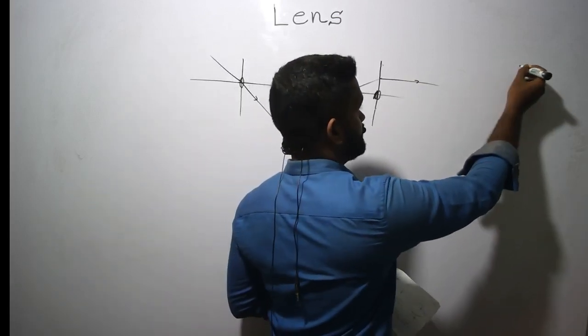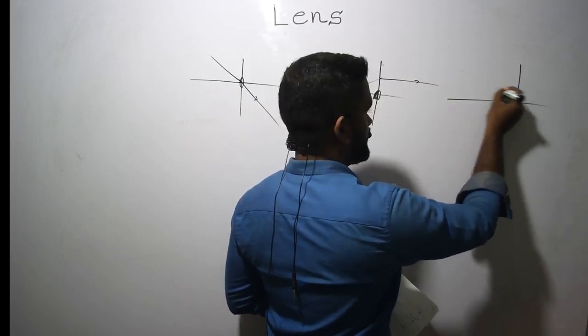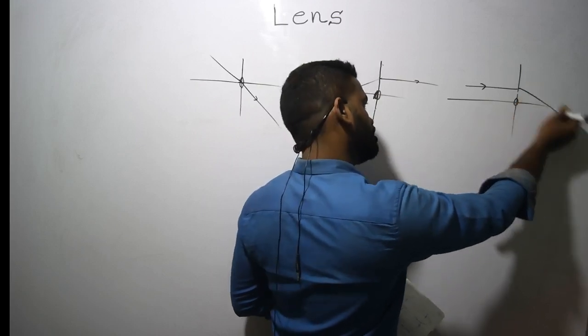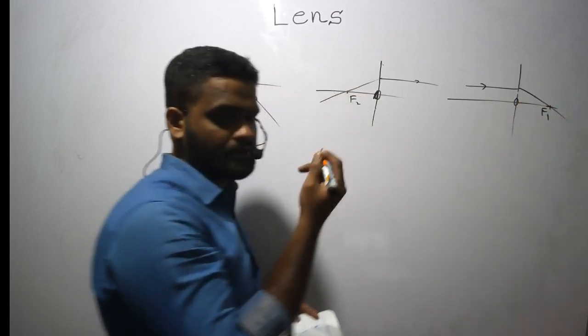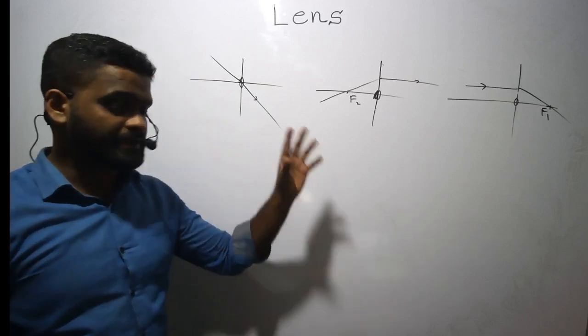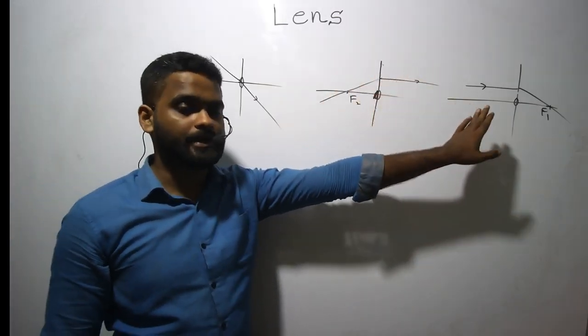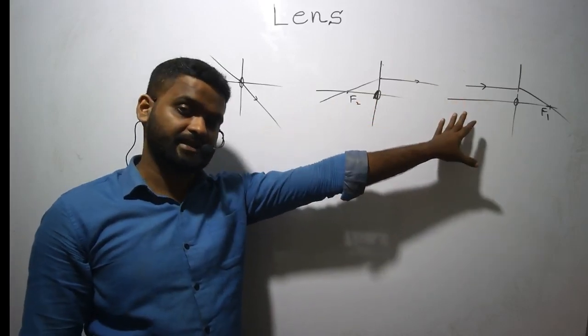Then the third type, parallel to the principal axis, after refraction goes through the primary focus. So when you are given a ray to detect the path of that ray, you will have to use one of these if it is a convex lens.